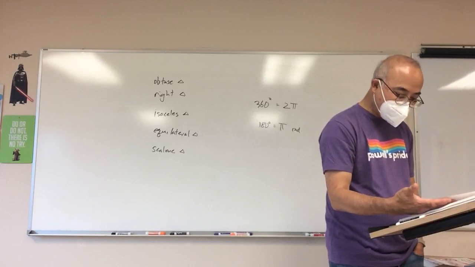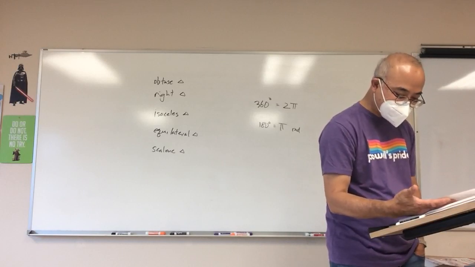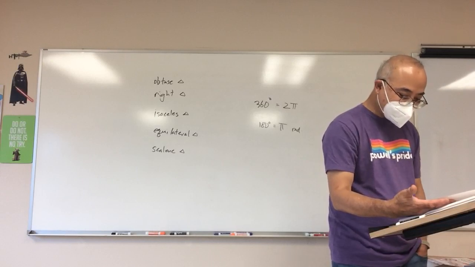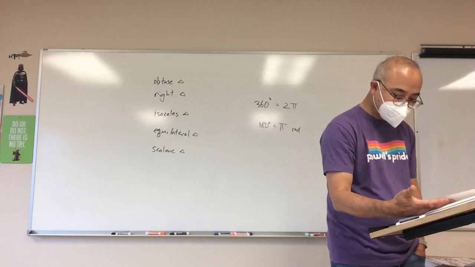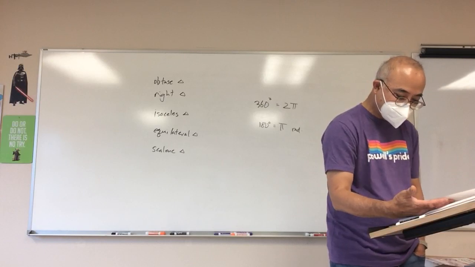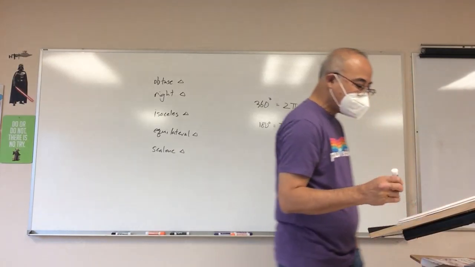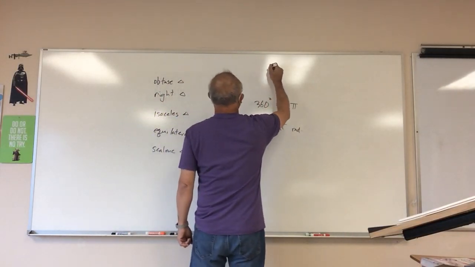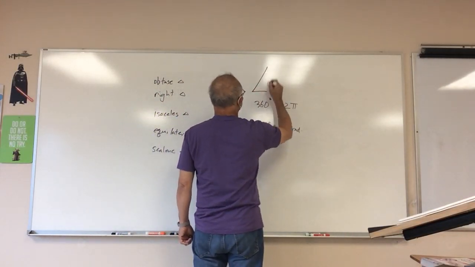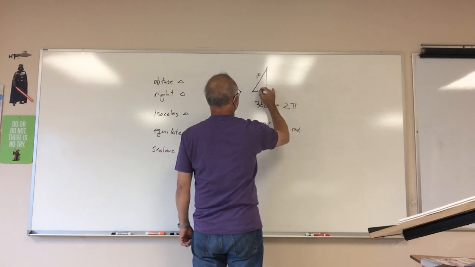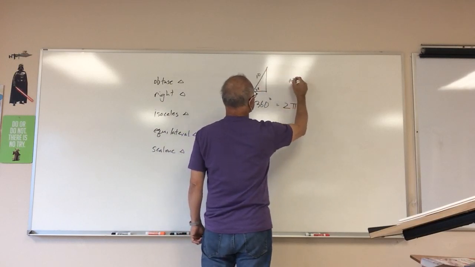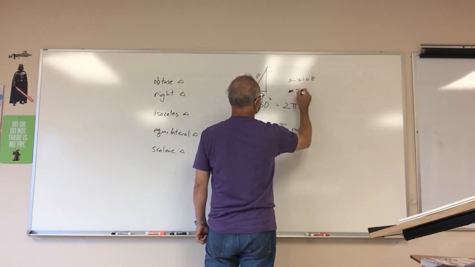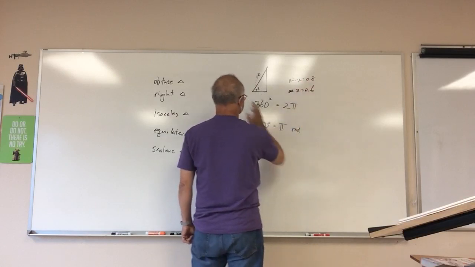11. In the triangle above, sine x is equal to 0.8. Cosine x is 0.6. What is the area of the triangle? Okay. So you have 10, and you have x, and you're given that sine x is equal to 0.8 and cosine x is equal to 0.6.